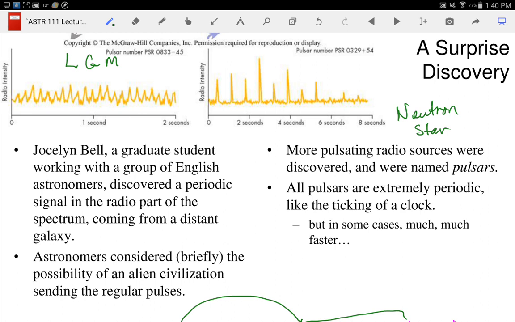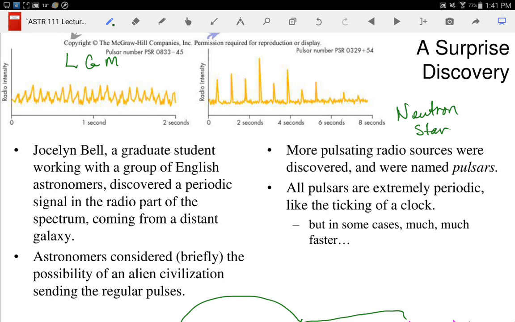Well, if it's a star making these pulses, a basic rule of thumb is the period is going to have to be longer than the time it takes for light to go from one side of the star to the other side of the star. Simply because you have light from the equator or the edge and light from the center, and the time it takes light to travel that distance needs to be less than half of the period of your oscillation.